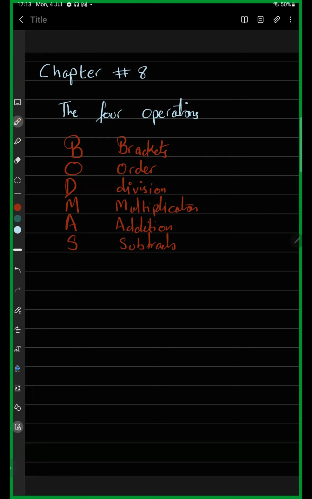Okay, so this is going to be your order. BODMAS is your keyword using which you will determine which order exactly we would be following. All right, so let's see.